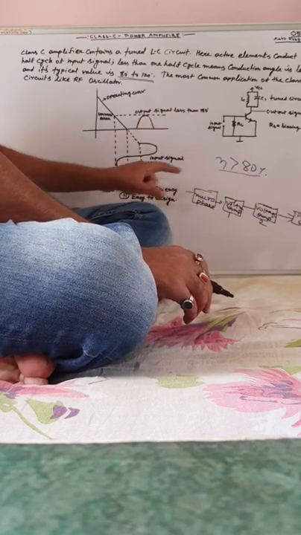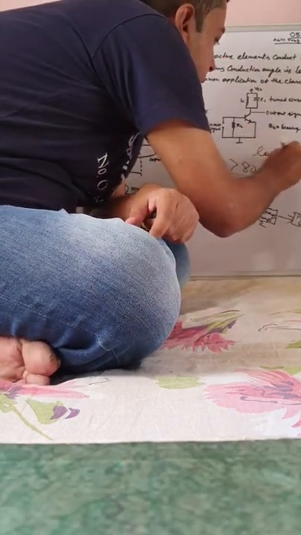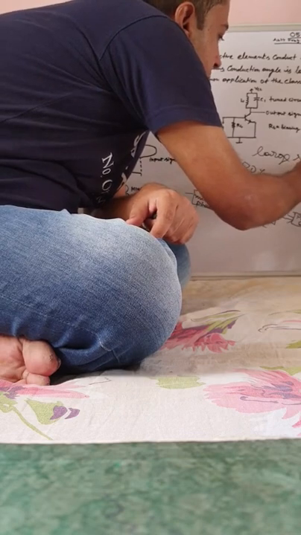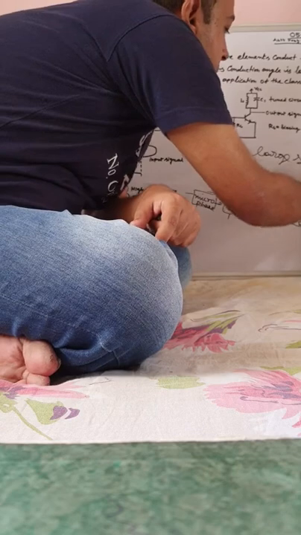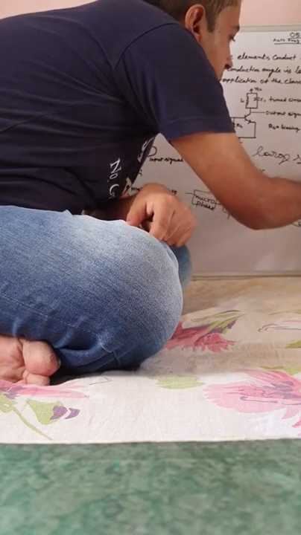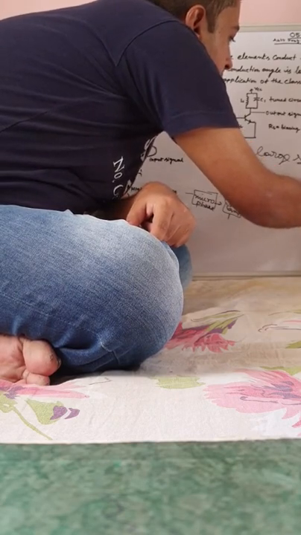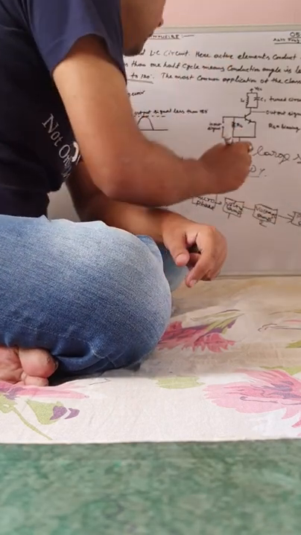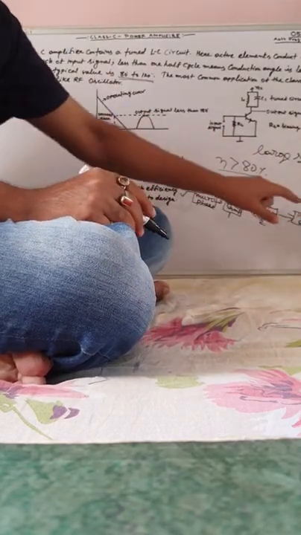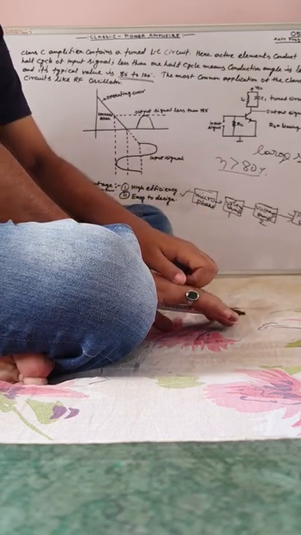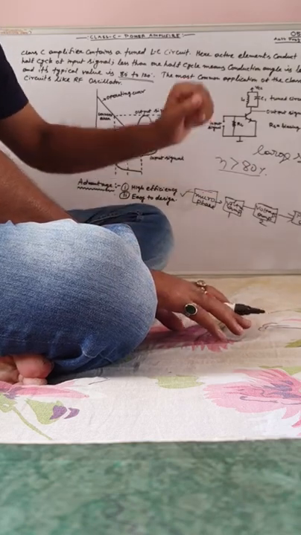In class C amplifier, we get large signal amplification with very high efficiency. Efficiency is greater than 80%.